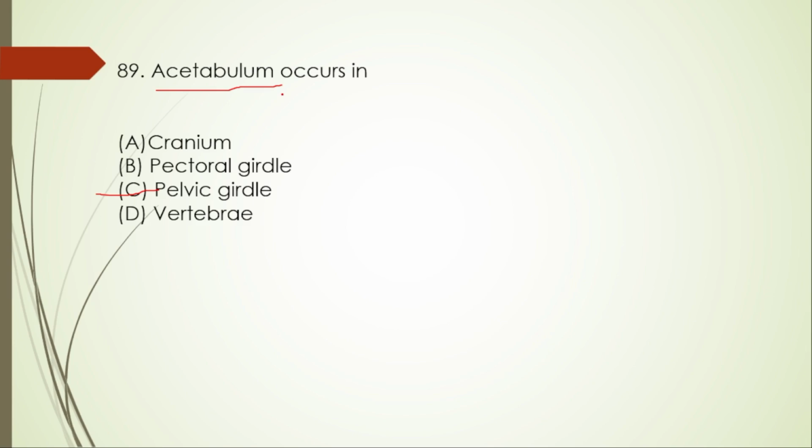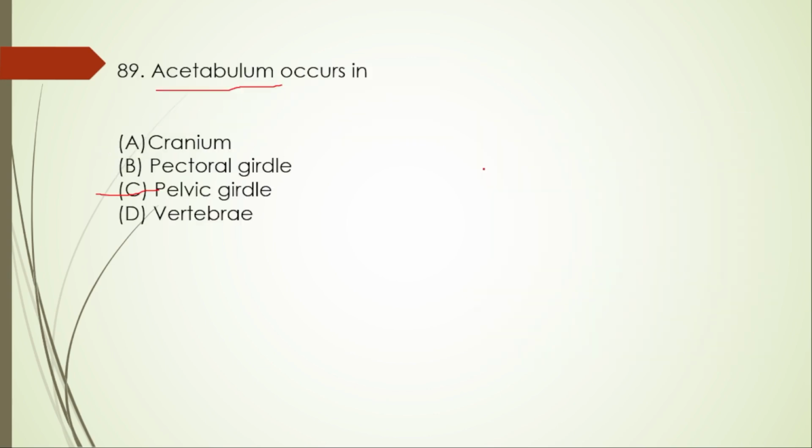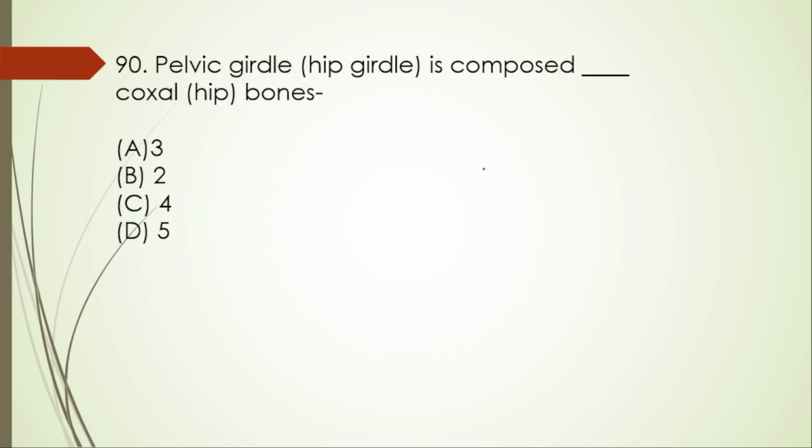It is a concave surface located in the pelvic girdle. It is formed by the fusion of three bones, that is ilium, ischium and then pubis. Its primary function is to serve as the socket for the head of the femur, that is the thigh bone, forming the hip joint. That is called acetabulum, which is present in the pelvic girdle.